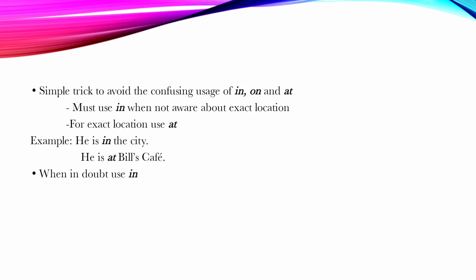So when you are not aware of the particular position or location, you just use in. And when you are clearly aware of the location, use at. So remember, this is a major rule. When in doubt, you must use in.